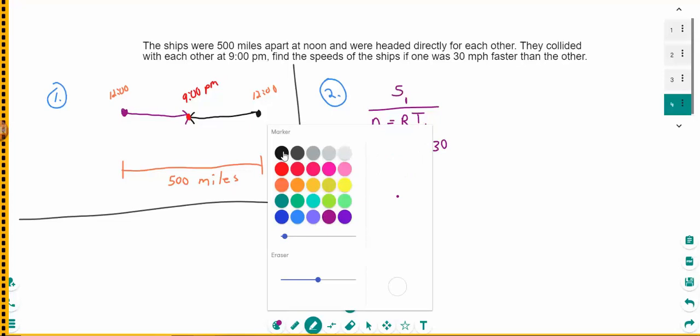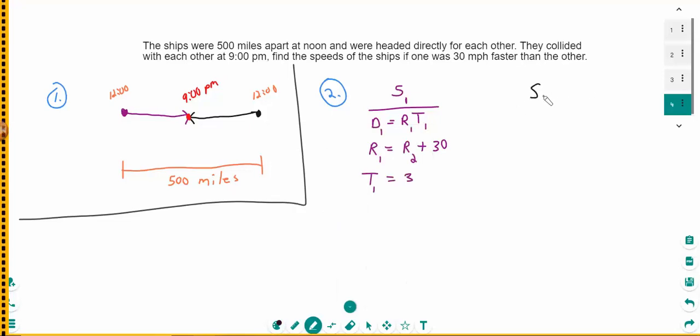Let's go to ship number 2. So what can we say about him? Well, right away, we know that his distance is equal to rate times time. And what do we know about his rate? All that we really know is that he's 30 miles per hour slower than the other one. I could create an equation out of that.